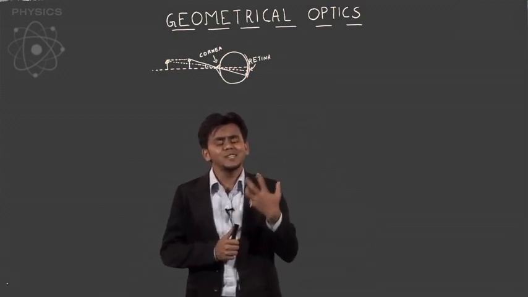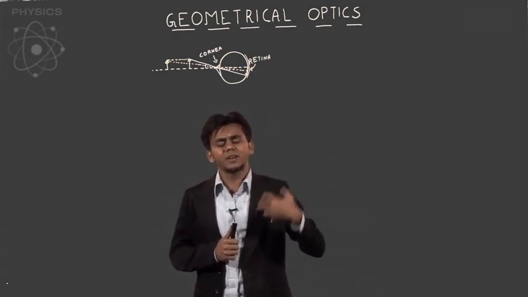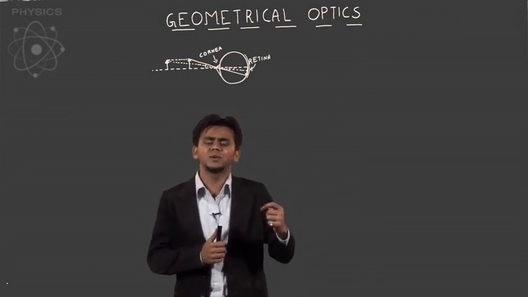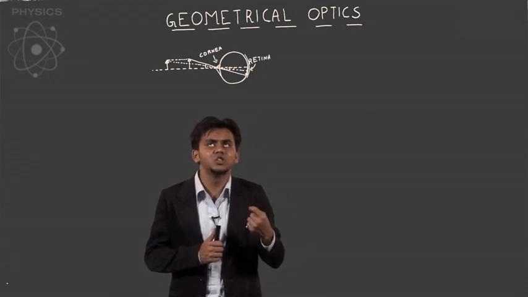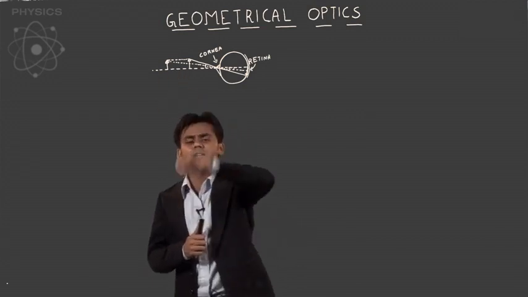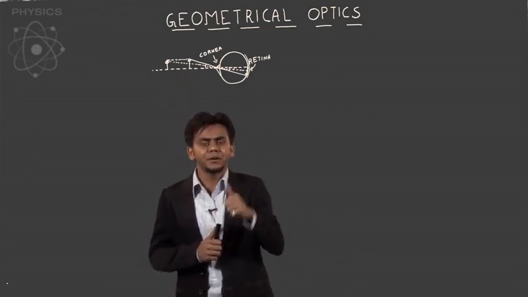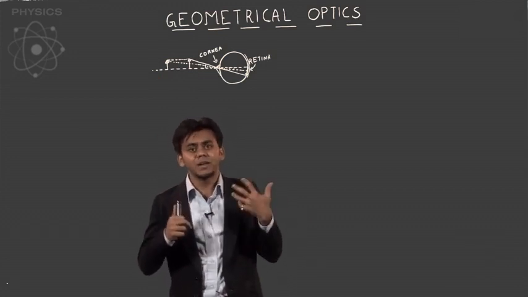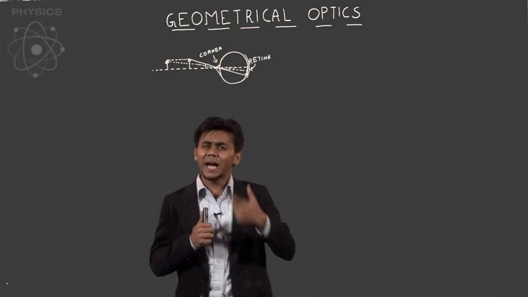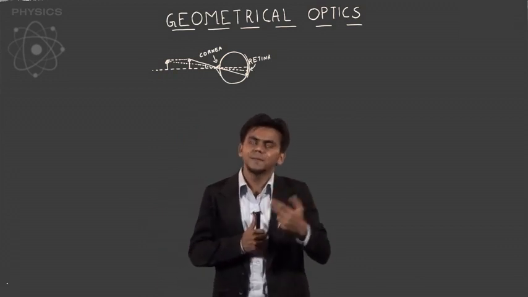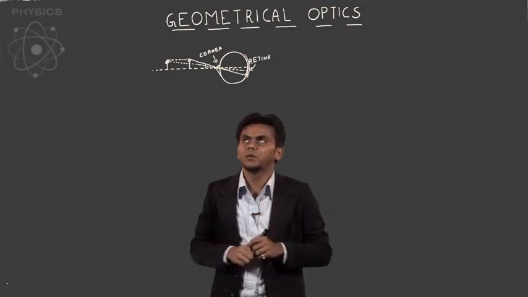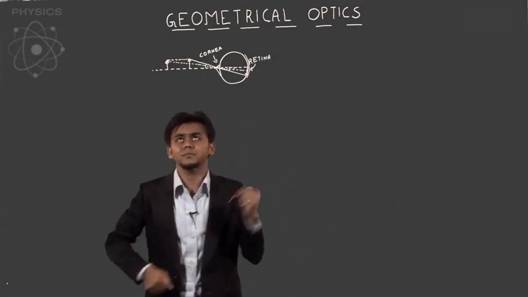And if lesser space is occupied by the image, a lesser number of rods and cones are activated, which means the brain would perceive the image to be of a lesser dimension. The same object, if taken far away, my retina would give the signal to the brain that the object is of a lesser dimension, which means the magnification reduces if I take the object away from my human eye, or rather any eye for that matter.